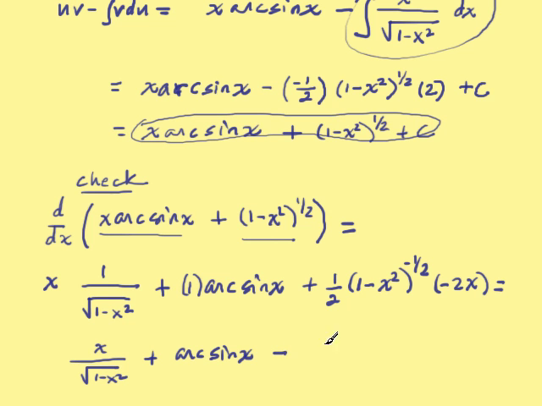And here we have minus x over square root of 1 minus x squared. So these cancel, and we're left with arc sine x. So that's what we were trying to show.